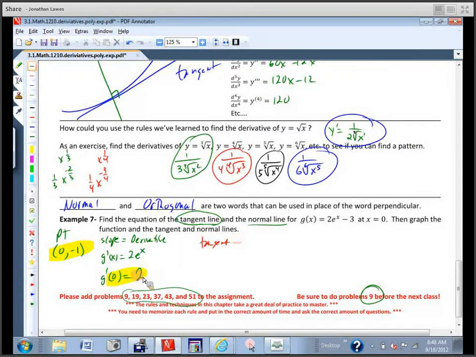Now here's the cool thing. If we want to find the normal line, let's see, how do we make it perpendicular? Opposite reciprocal. Opposite reciprocal, right? So we're going to take this slope. If it's sloped at 2, we want a slope that goes this way.